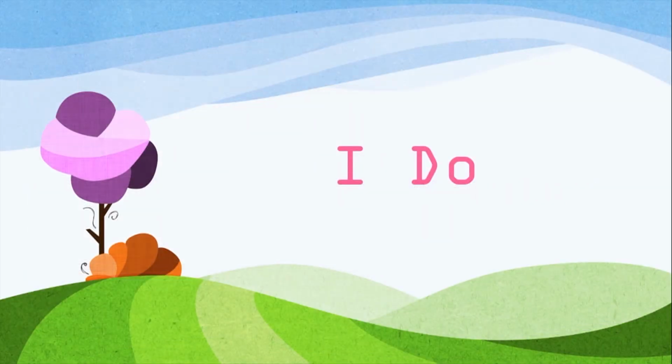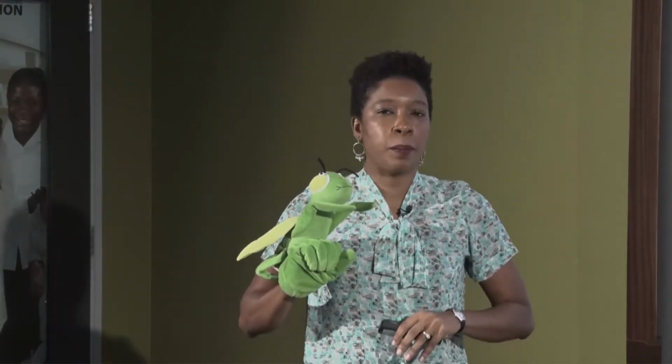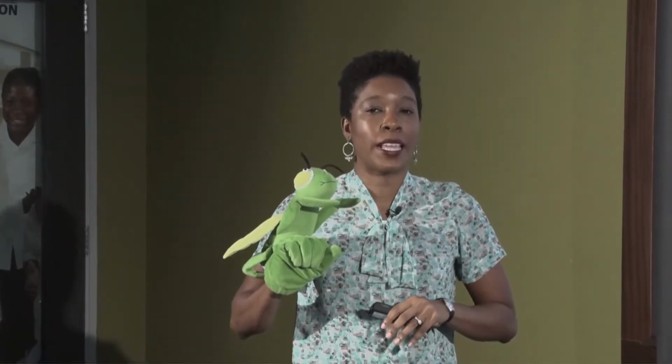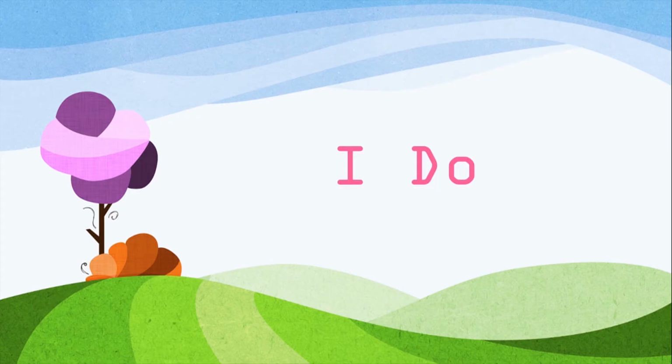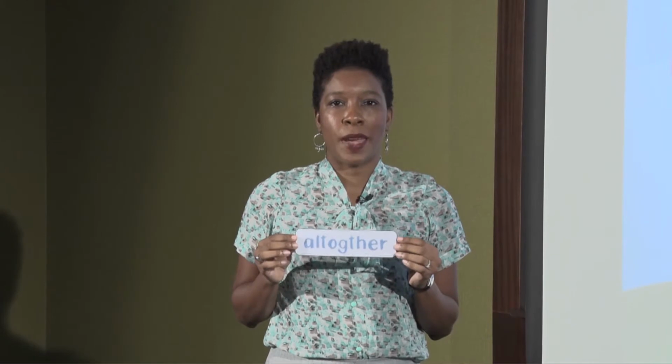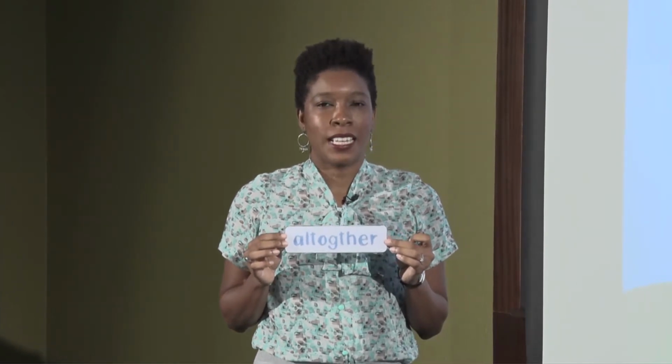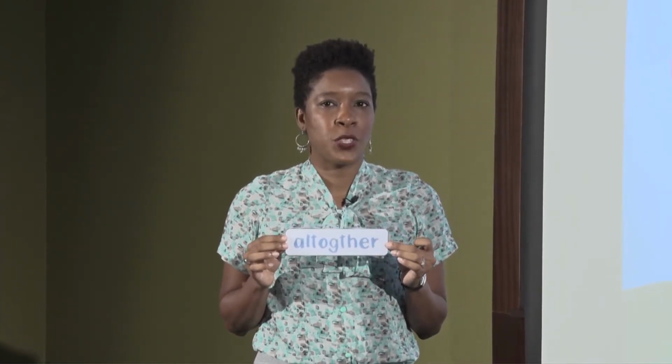So boys and girls, I am going to review some important words that we learned or encountered in our previous lessons. Before we move into today's lesson, I just want to go over some of the key words that we met in our two previous lessons. We met all together. That is a clue word that we have to do addition.